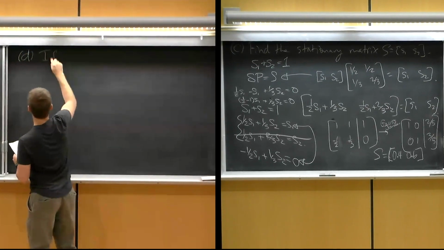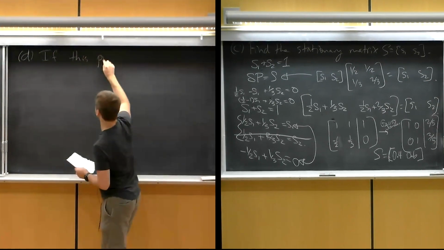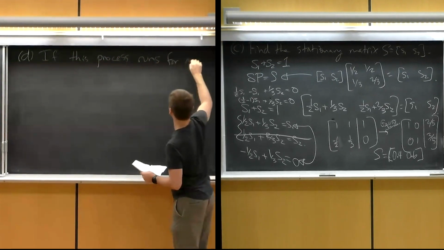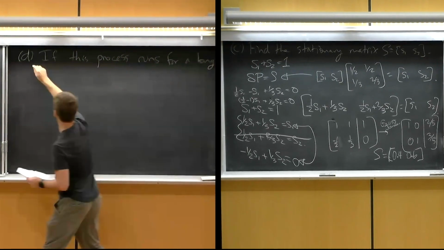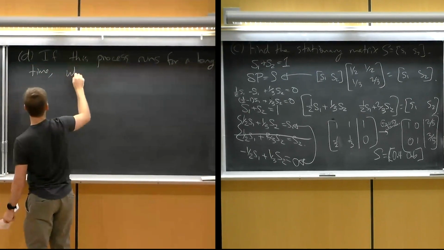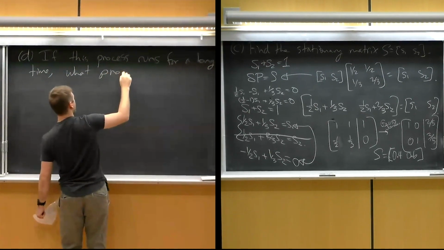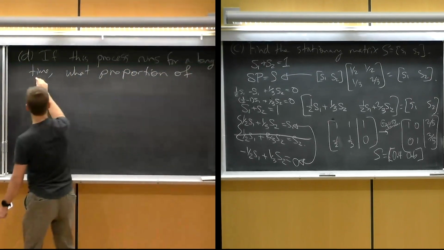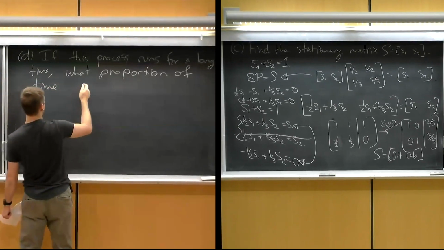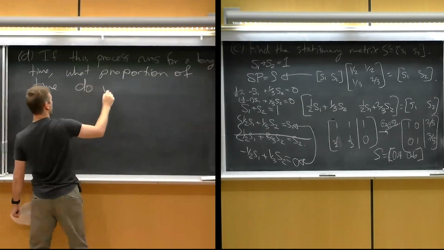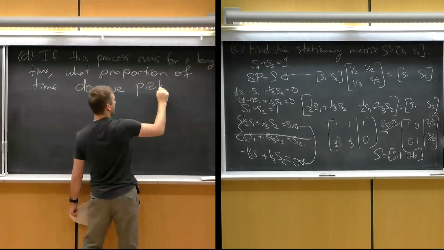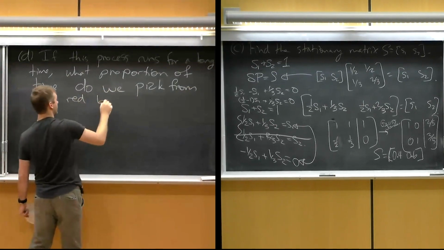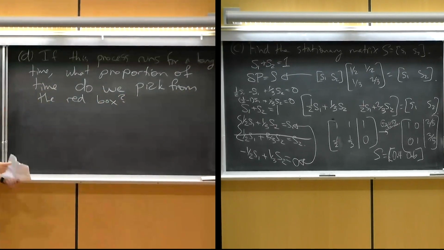So if this process runs for a long time, then what proportion of time do we pick from the red box, like in the long run?